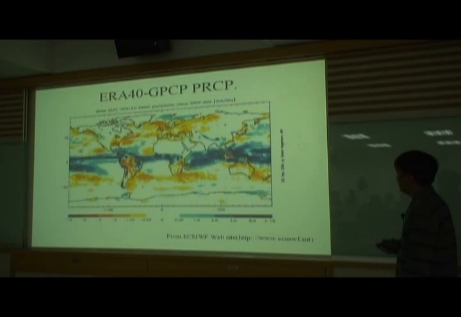This figure shows ERA40 precipitation minus Global Precipitation Climatology Project precipitation, GPCP, from the ECMWF website. The unit is millimeter per day. The blue shading shows where ERA40 precipitation is bigger than GPCP. As you can see in the tropics, mostly in the ocean area, ERA40 data largely overestimate the observed precipitation.